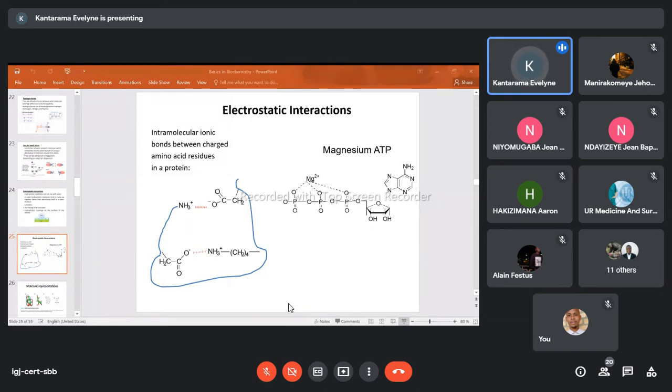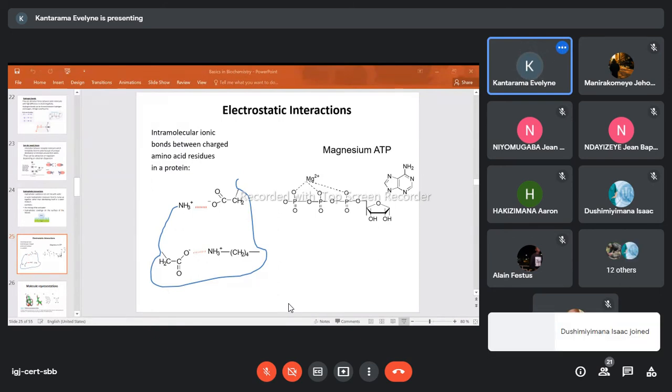Electrostatic interactions mean the presence of charges, and this allows attraction between those charges. These are electrostatic interactions where we have some charges interacting.